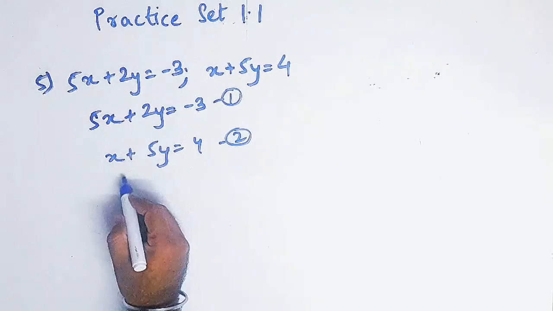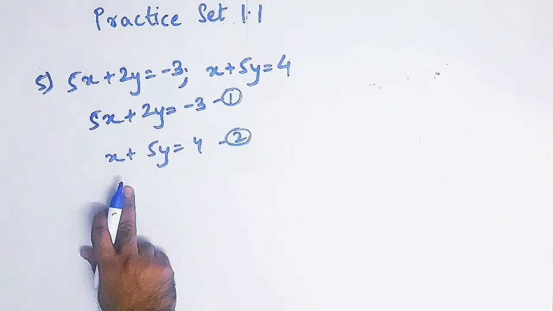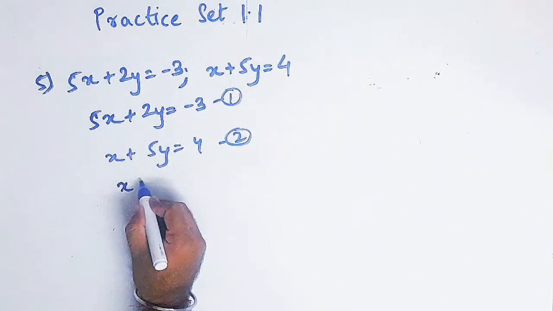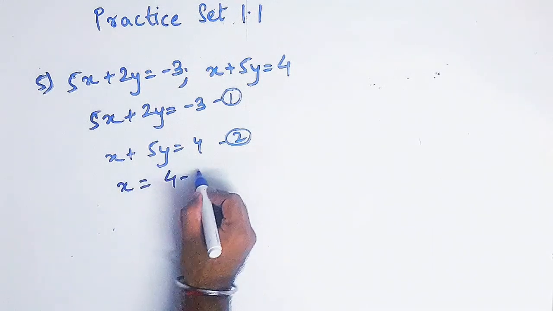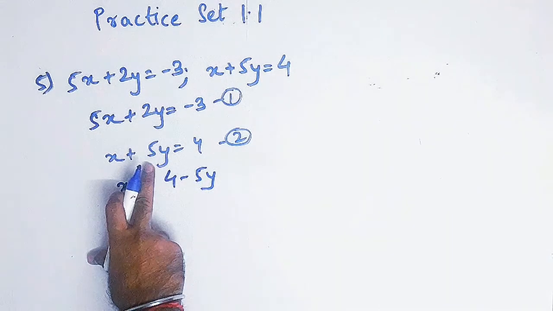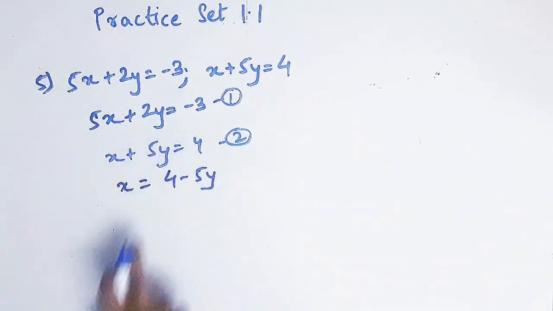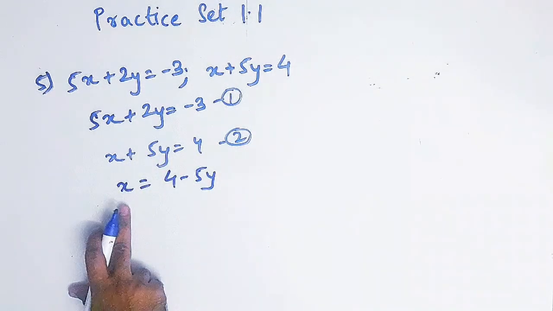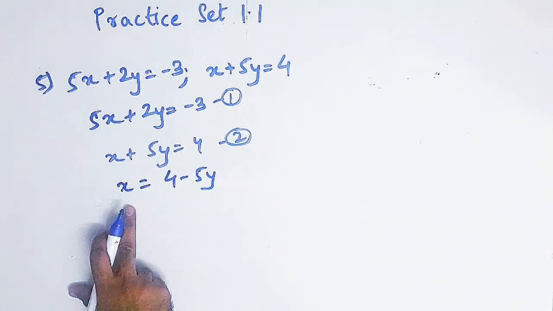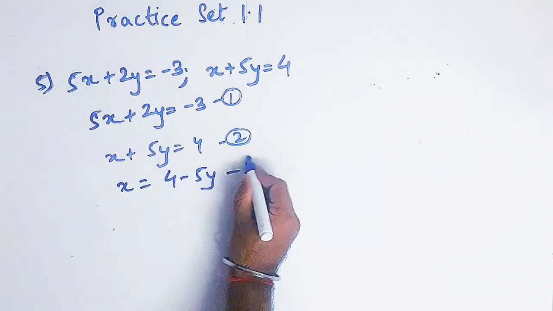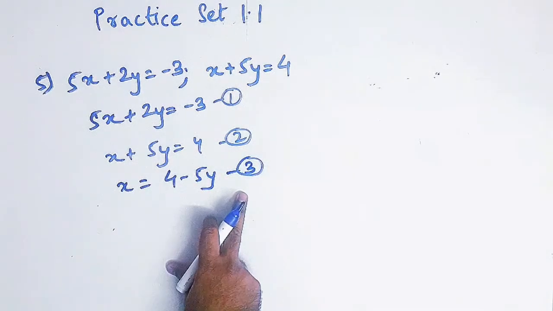I can take the value of x. x is equal to 4 minus 5y. If I am making x stand alone, I am getting some value of y, which I'll give as number 3.